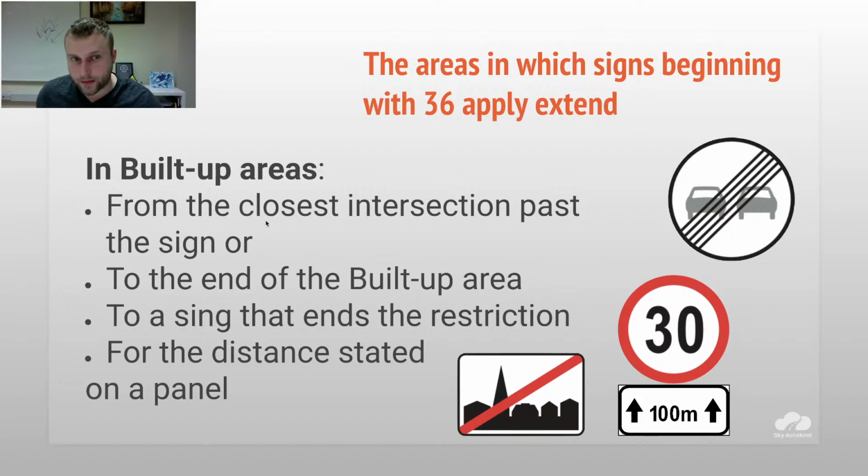Casual 30 will be finished at the first possible crossroad intersection. Or if you see the end of the build-up area sign, like this, obviously after that you can go 90, 30 is not valid anymore. Also at the sign that ends the restriction, for example this one. And for the distance stated on the panel, like this, 100 meters. So these 4 rules you should remember.